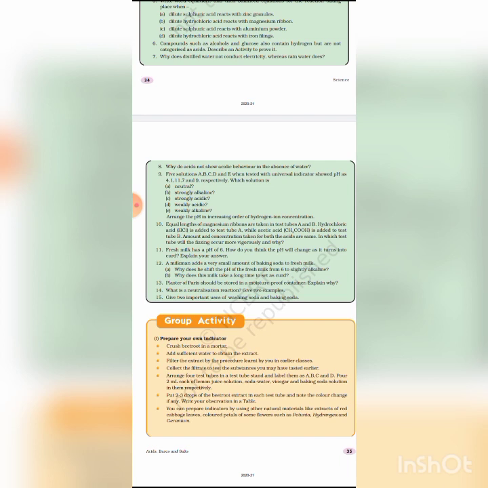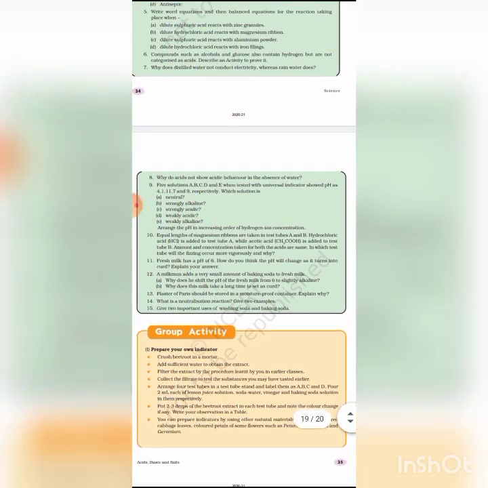The separation of H plus ion from acids like the HCl molecule cannot occur in the absence of water. So acids do not show acidic behavior in the absence of water. Okay. Now, student, question number 9.